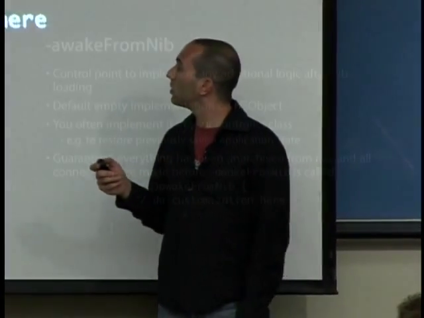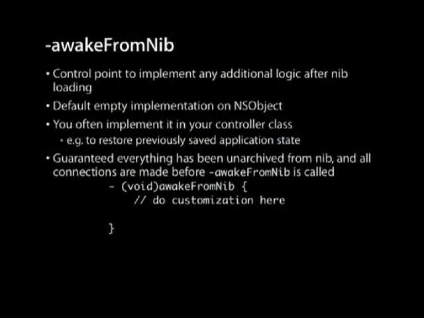So UIKit, actually NSObject, gives you a method called awake from nib. What awake from nib does is after initialization, after you've actually loaded a nib, this gets called on every object that was instantiated from that nib, and I believe the parent object as well. And you can do any customization in here. So it's kind of your hook for setting up initial state on your views and on your controllers.